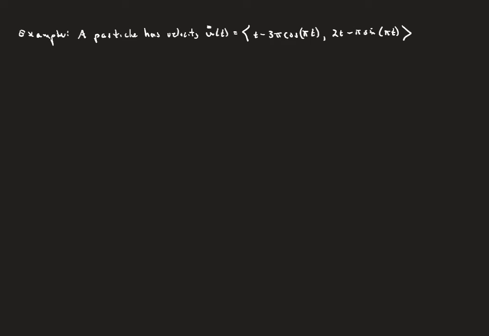And so that's our velocity vector. And then I'm also going to tell you that at time t equals 0, the particle is at the point 1, comma 5. We can think of this either as a point or as a position vector. It doesn't really matter. I'm going to write it as an ordered pair so it looks kind of like a point. That's the way at least I visualize it.